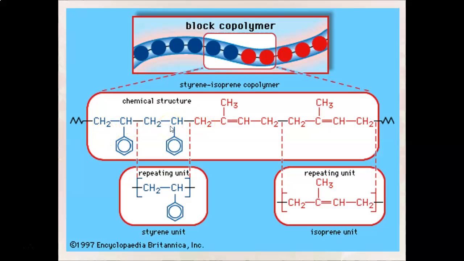A diblock copolymer contains two homopolymer blocks; a triblock copolymer has three distinct blocks of homopolymer. In this structure we have a diblock copolymer because it contains two homopolymer blocks of styrene units and isoprene units.